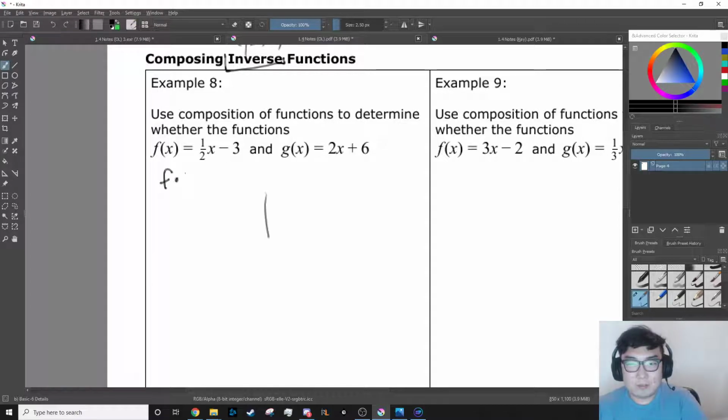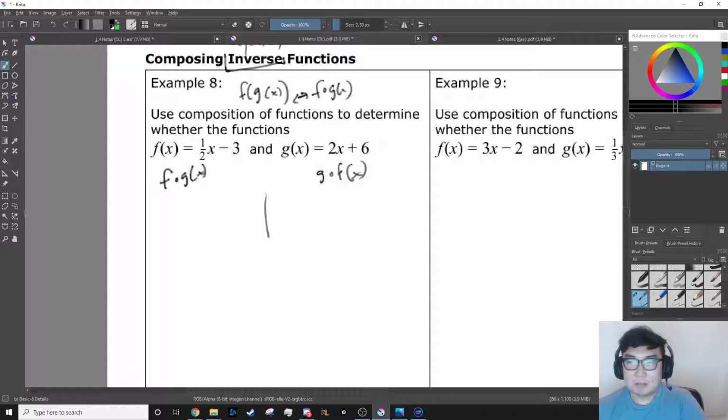I have to do f of g of x, and I have to do g of f of x. And it doesn't matter how you write it, right? There are 2 ways to write this. f of g of x is the same as f of g of x.